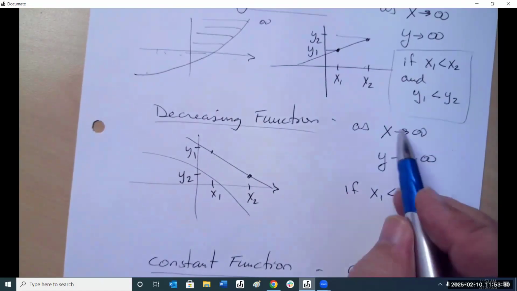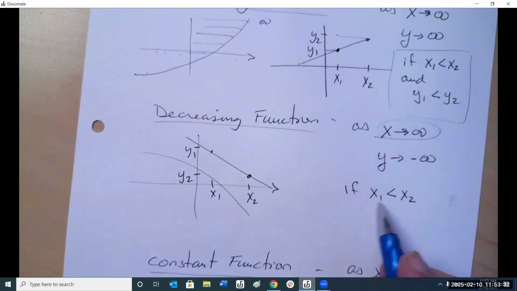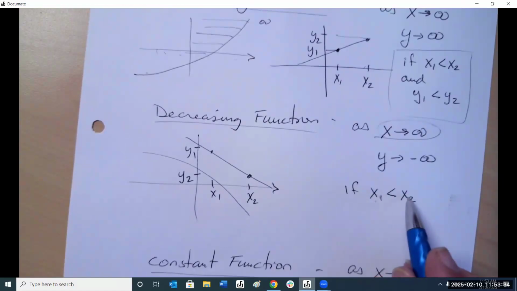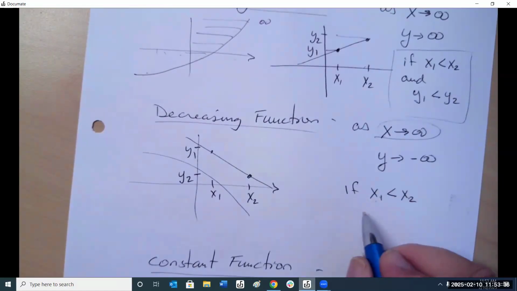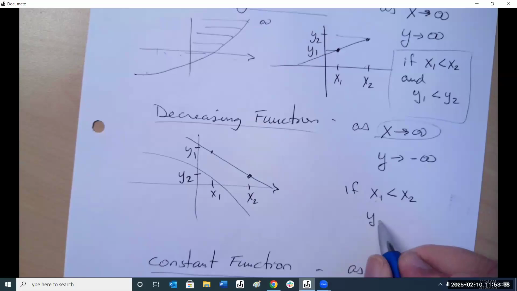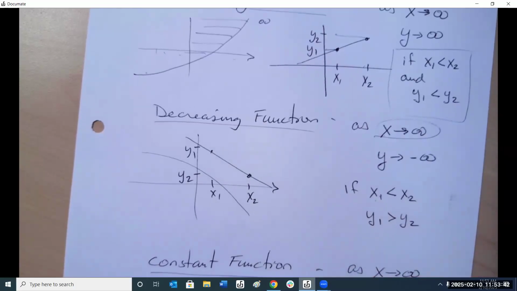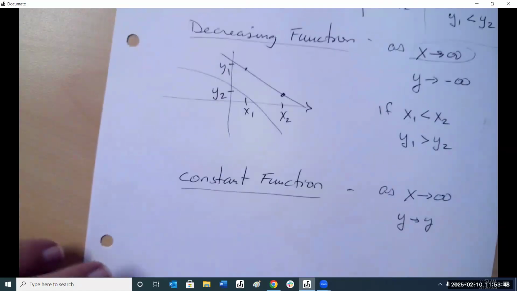Remember, the x always goes to infinity. So in other words, x1 is going to be smaller than x2. Then y1 is larger than y2. That's a decreasing function. If the first point is higher than the second point, then it's decreasing.